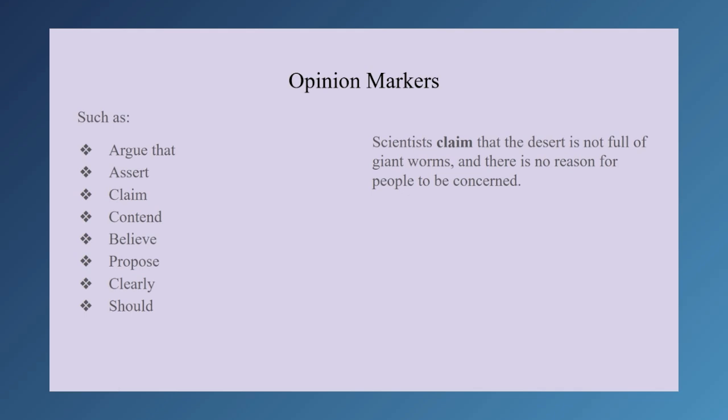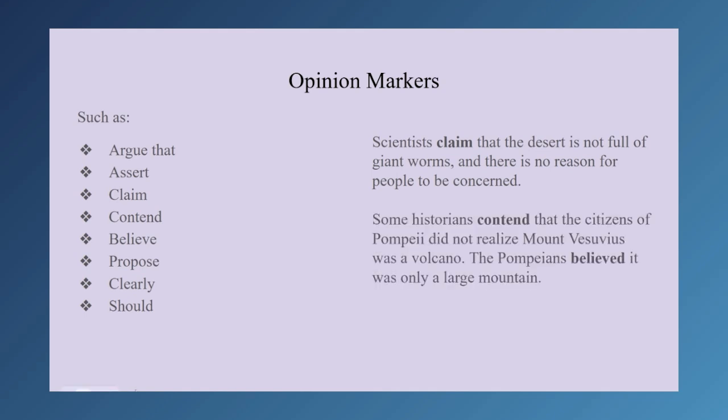The scientists have this opinion that the author is introducing. Or, some historians contend that the citizens of Pompeii did not realize Mount Vesuvius was a volcano. The Pompeians believed it was only a large mountain. So historians have an opinion, and also the citizens of Pompeii had an opinion.